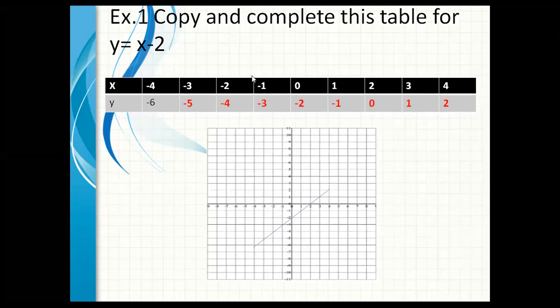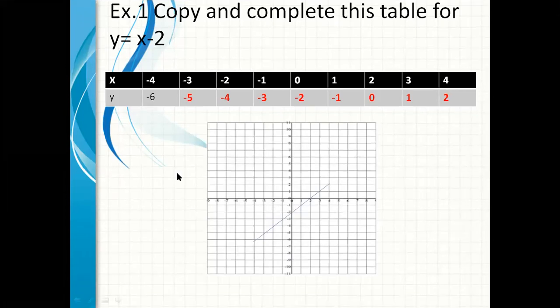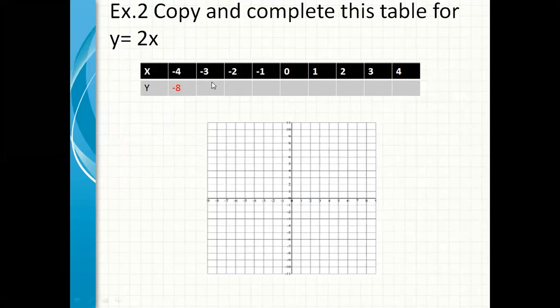Okay, so let's go to another example about graphing equations. Look at this one. Copy and complete this table for y equals 2x. You know, 2x means 2 times x. So we need to multiply each value of x by 2. This is so easy.